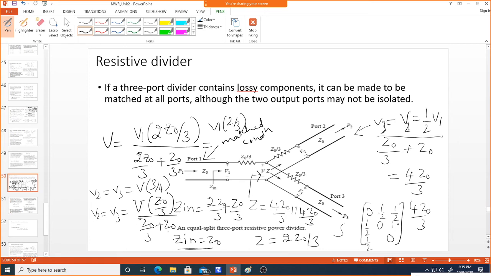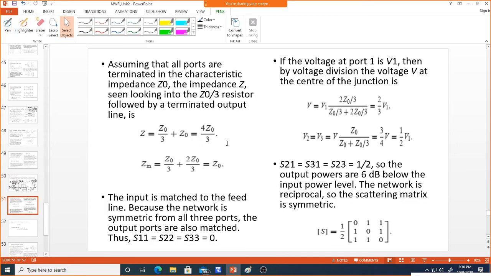And similarly between 2 and 3, there is a power division, half of the power will be divided. So now this is the S matrix for your resistive network. Now if you compute the total power delivered and the power delivered between port 2 and port 3, this is the calculation I have shown till now.